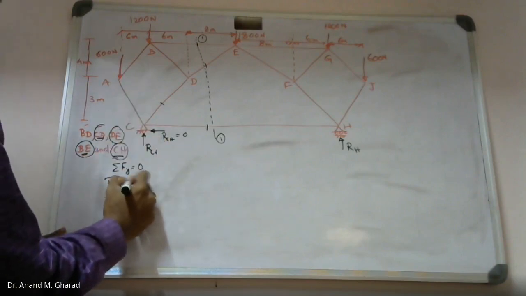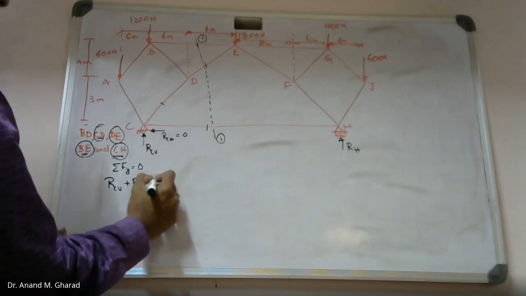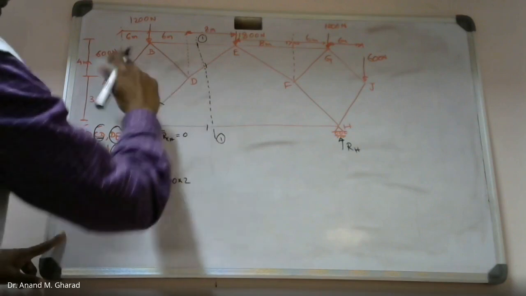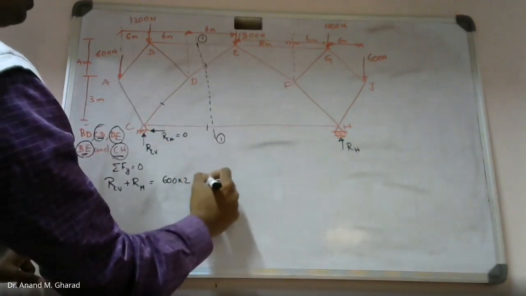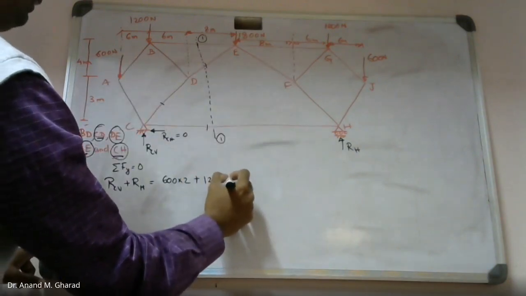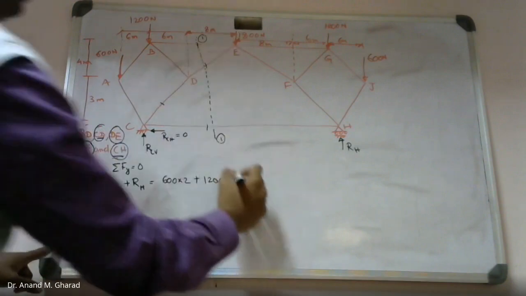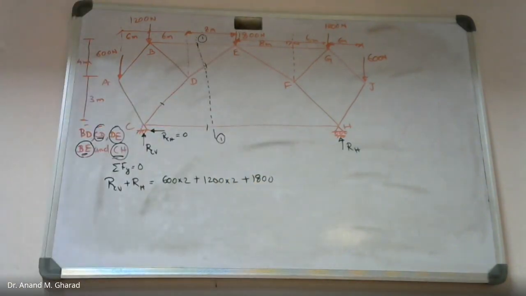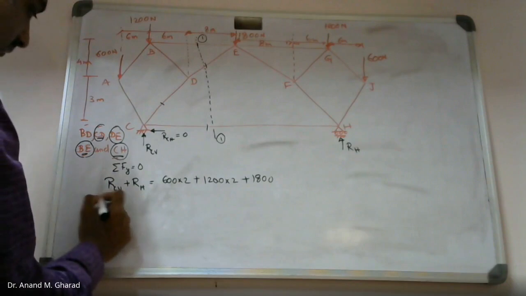I will write down the value. You please verify. 600 into 2 plus 1200 into 2 and plus 1800. Is this okay? Please check. Yes, sir.